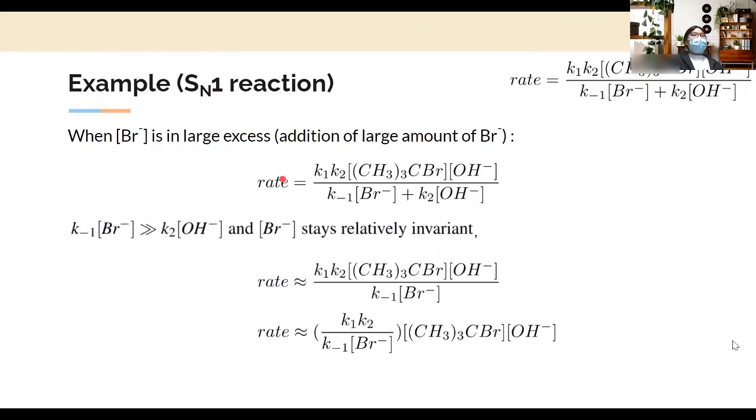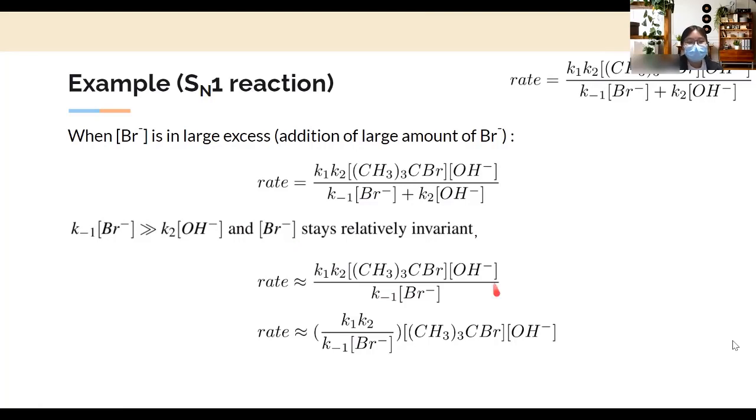Since Br minus is in large excess, we can make two conclusions. First of all, we can treat K2 times concentration of OH minus as being negligible relative to K minus 1 times concentration of Br minus. So then again, you just ignore the K2 times concentration of hydroxide ions term, and then you get this approximation. The second conclusion is that the concentration of bromide ions is relatively constant.